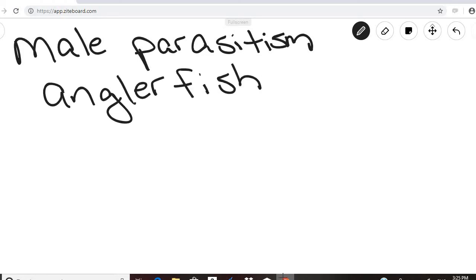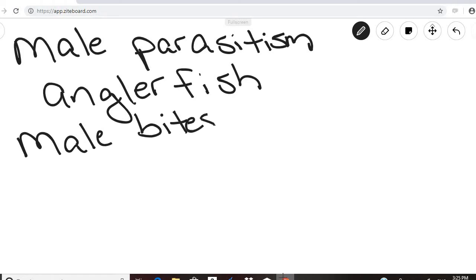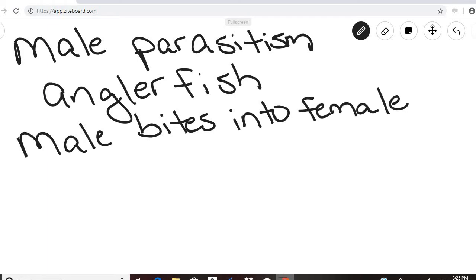And what the male does is bite into the female. And then the female's blood vessel is actually attached to the male, and the male stays there for the rest of his life on the female.